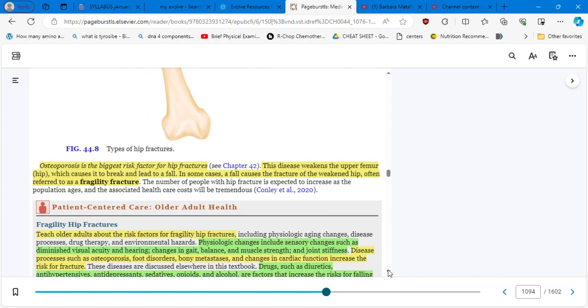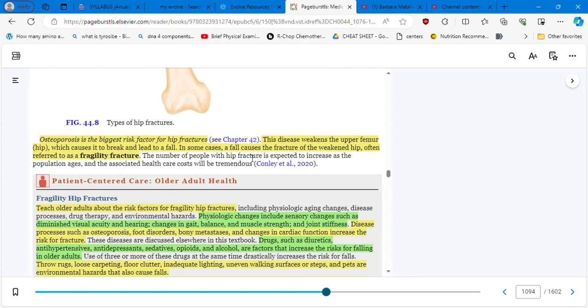Osteoporosis is the biggest risk factor for hip fracture. Osteoporosis is a T-score of minus 2.5 or less on DEXA. This disease weakens the upper femur, which causes it to break and lead to a fall.